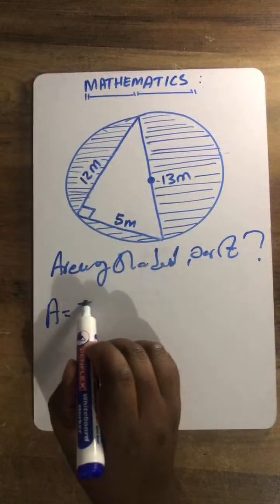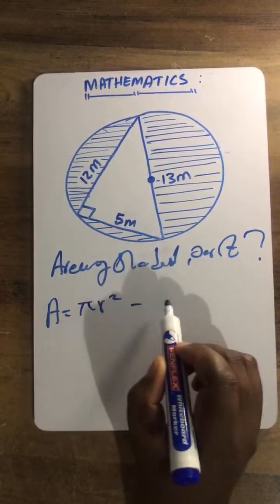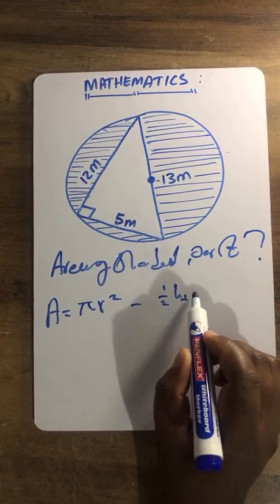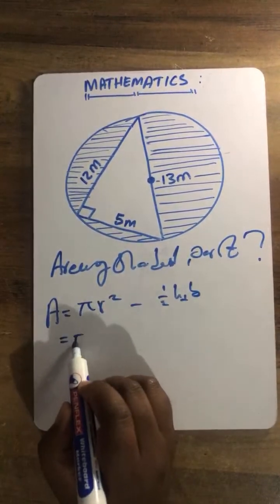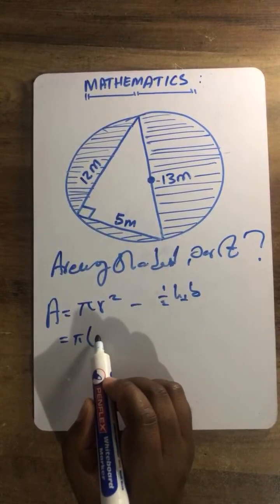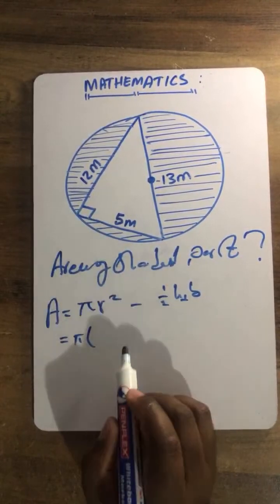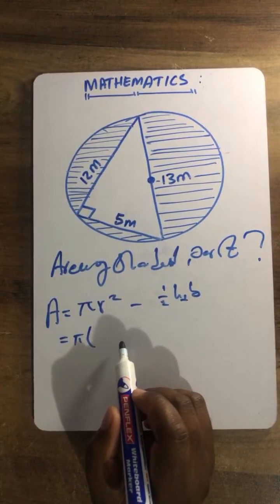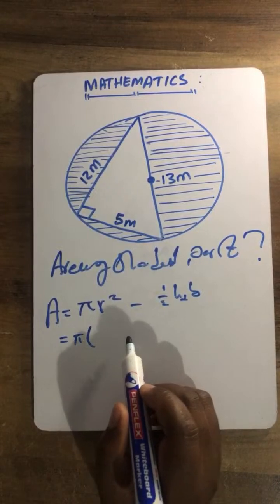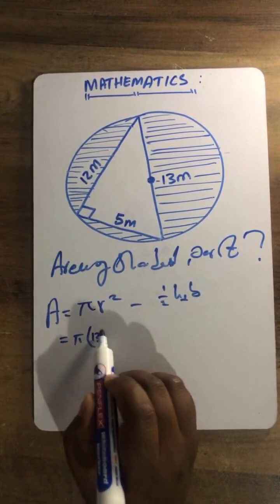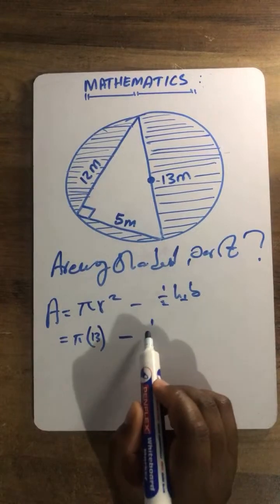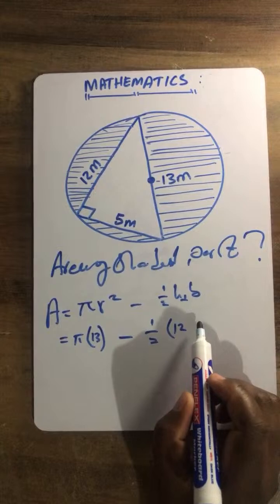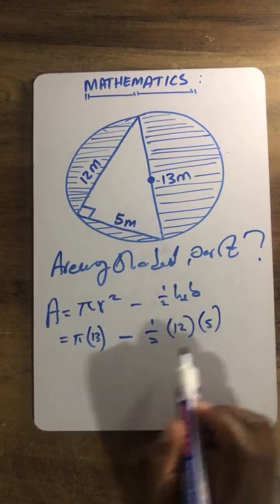So the area of the total is pi r squared minus the area of a triangle, which is half, perpendicular height, and then that. So this is pi. What is the radius? The radius is half of 13. Otherwise, you can just say pi times the diameter, which is 13, minus half of the 12 being the perpendicular height, and then 5.